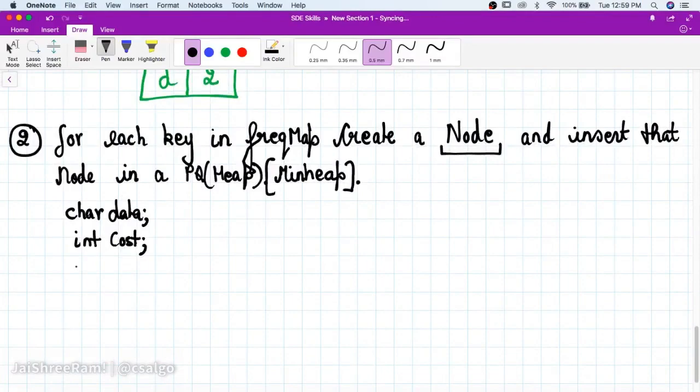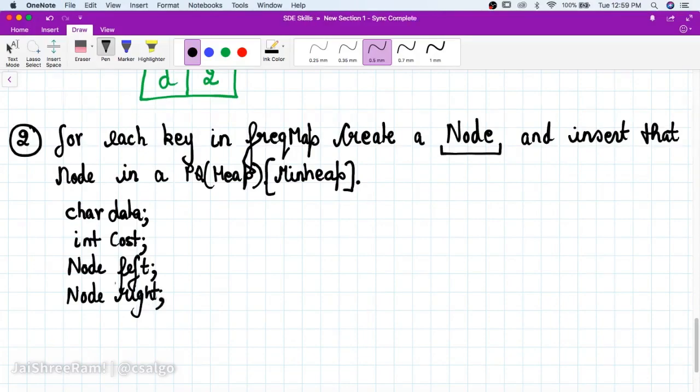And then we will have references to other nodes, which is left node and right node. This is almost similar to your tree node: it points towards a left node and a right node. So these are the four things which every node will have.